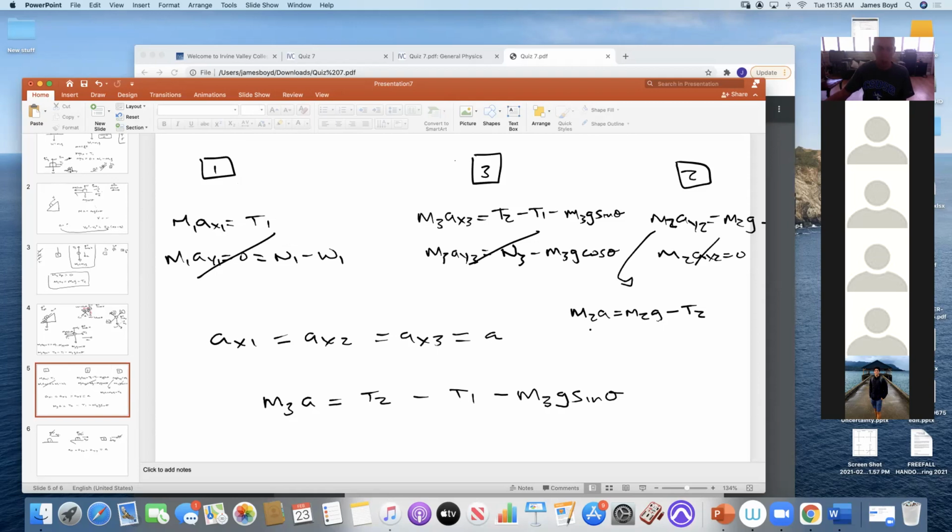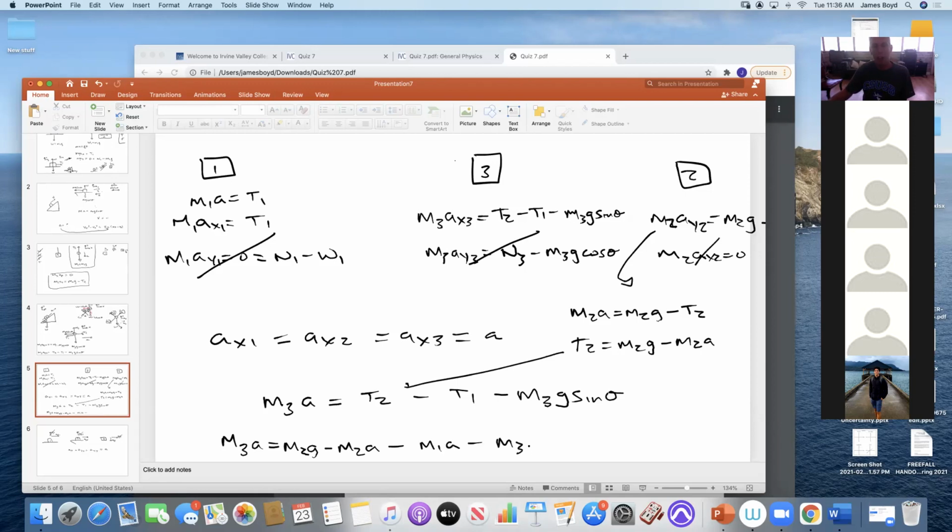Solving this, move T2 over, move M2A over, I get T2 equals M2g minus M2A. I can just plug that in here. And then M1A is T1. All right, so I get M3A is equal to M2g minus M2A minus T1, which is M1A, minus M3g sine theta.